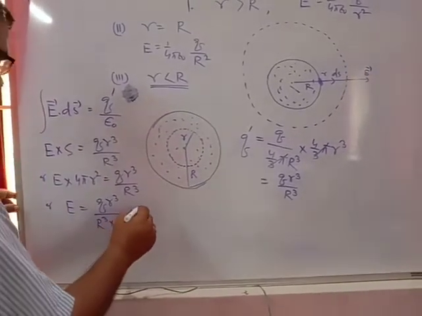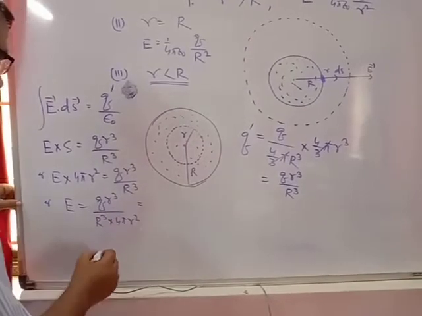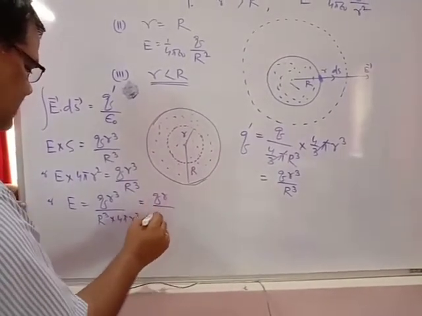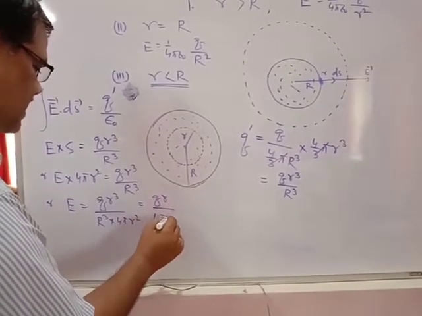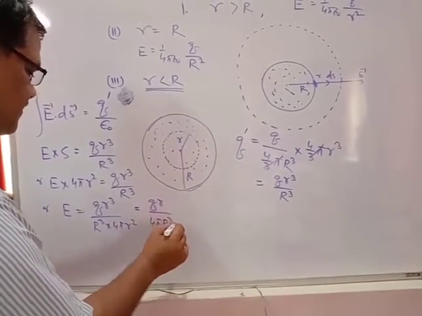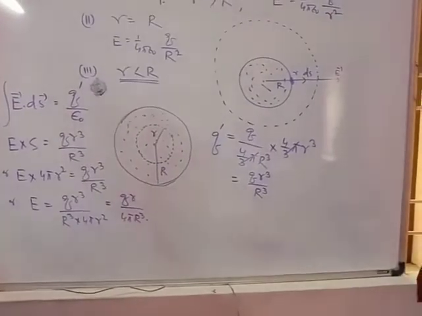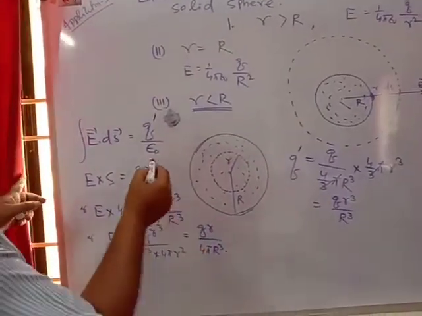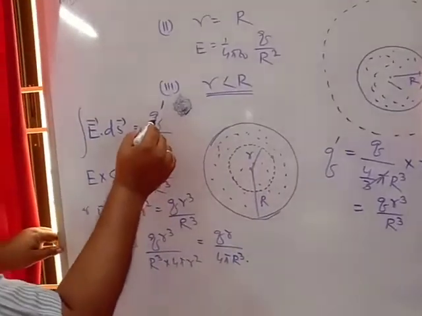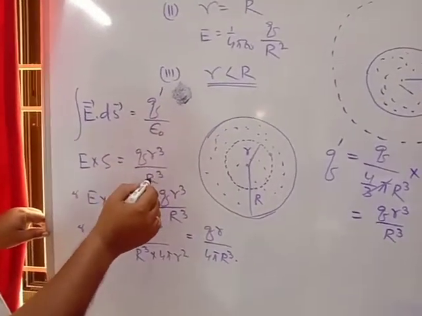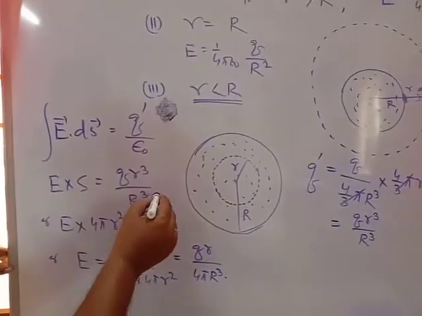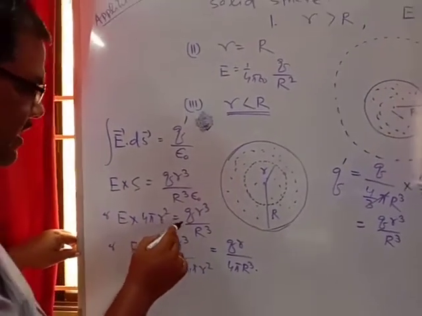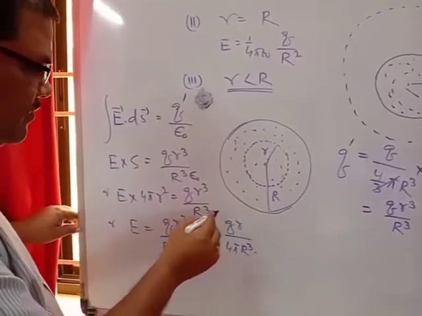Actually, you already have epsilon naught here: Q dash equals Q r cube upon R cube upon epsilon naught, and E into 4 pi r square equals Q r cube upon R cube into epsilon naught.